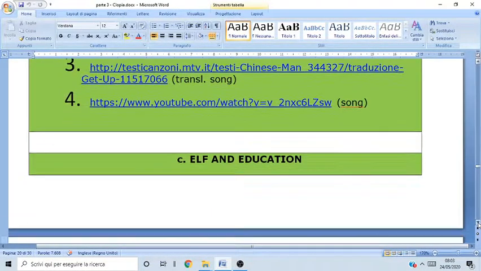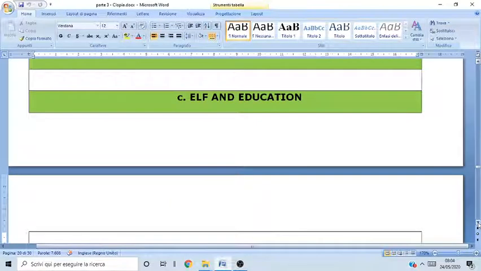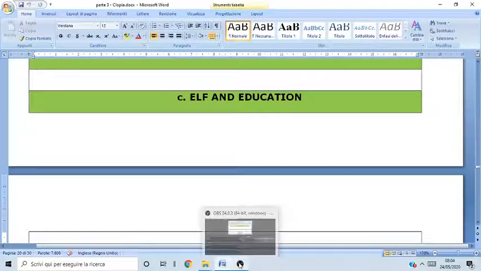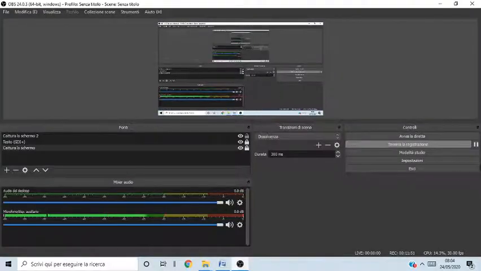Now, as for today, we're going to go back to ELF, so English as a lingua franca, and education. So basically, how teachers are trying to teach English as a lingua franca, or actually, it's better to say, what are the options on how to teach it, since it's not taught that much, actually.